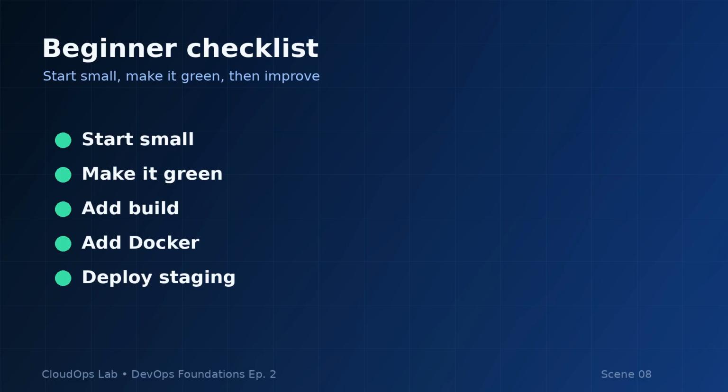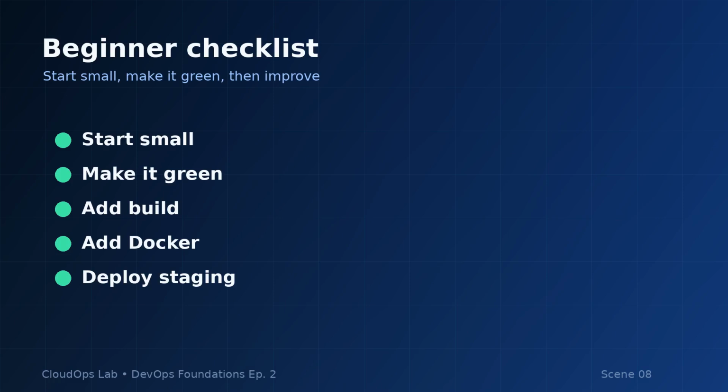Do not do that. Start with one workflow. Make it run on pull requests, check out the code, set up the runtime, install dependencies, run tests, then add linting, then add build, then add Docker, then add deployment to staging. That path gives you confidence without overwhelming the project.